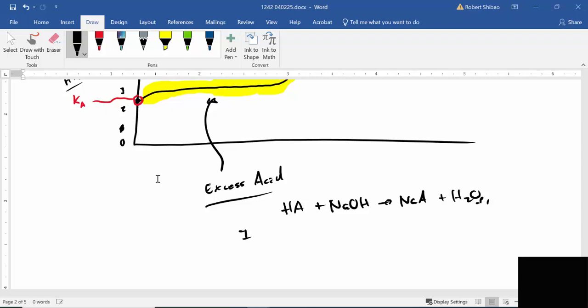And so initial, I'm going to have excess acid, and therefore the sodium hydroxide is my limiting reagent. And the sodium A is 0. And the change is going to be complete.